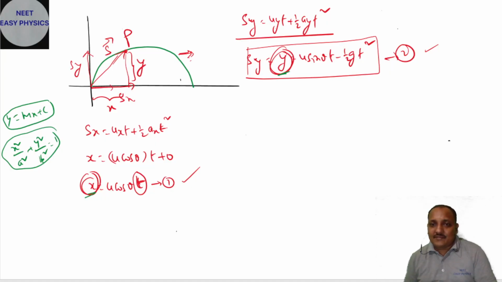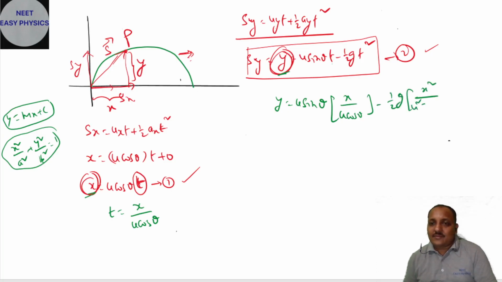So now y is equal to u sin theta t minus half g t square. To get y in terms of x, we have to eliminate t. From equation 1, t is equal to x by u cos theta. Substitute here: x by u cos theta minus half g into x square by u square cos square theta. Now if you see this, u will be cancelled.